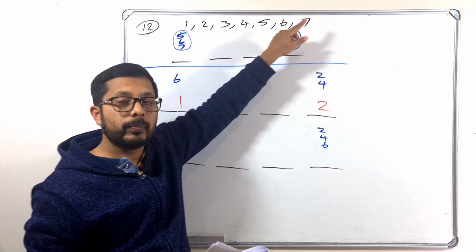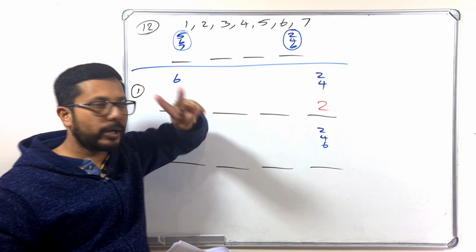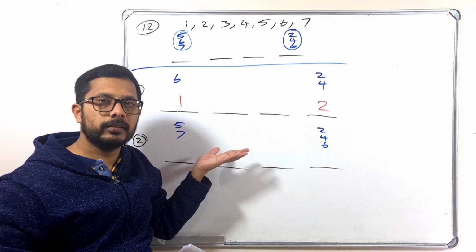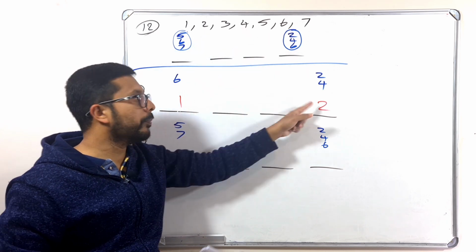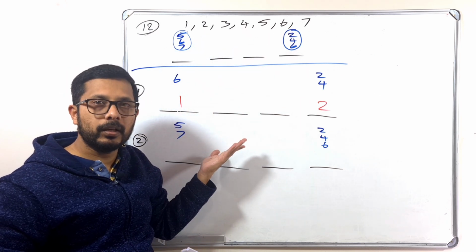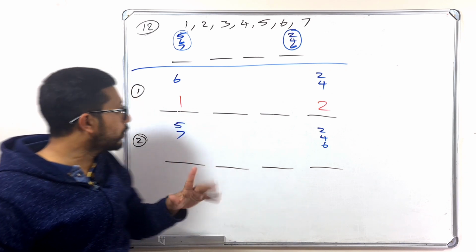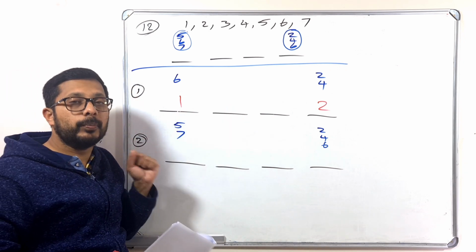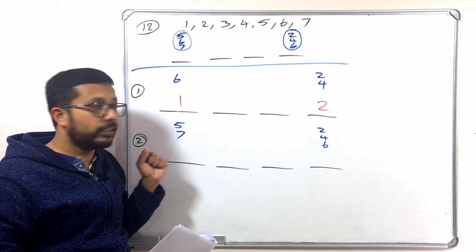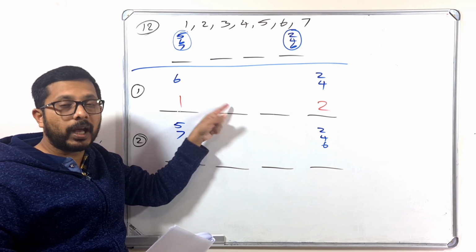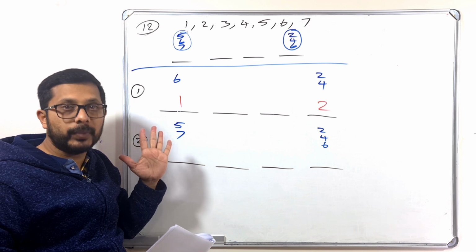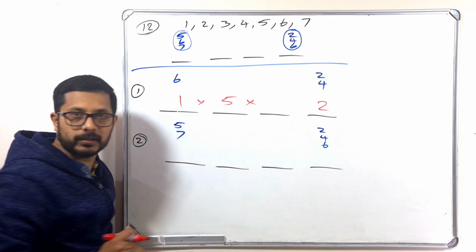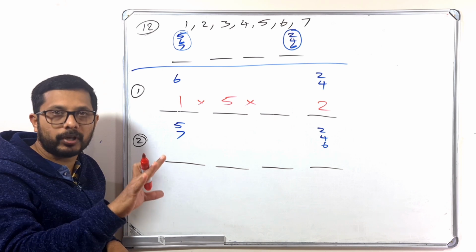Here total how many numbers are there? 7 numbers. From that 7 I took 2 numbers for this position and this position. So how many numbers remaining? 5 numbers remaining. So for this position to be filled, I have the remaining 5 numbers with me. That means I have 5 different options.